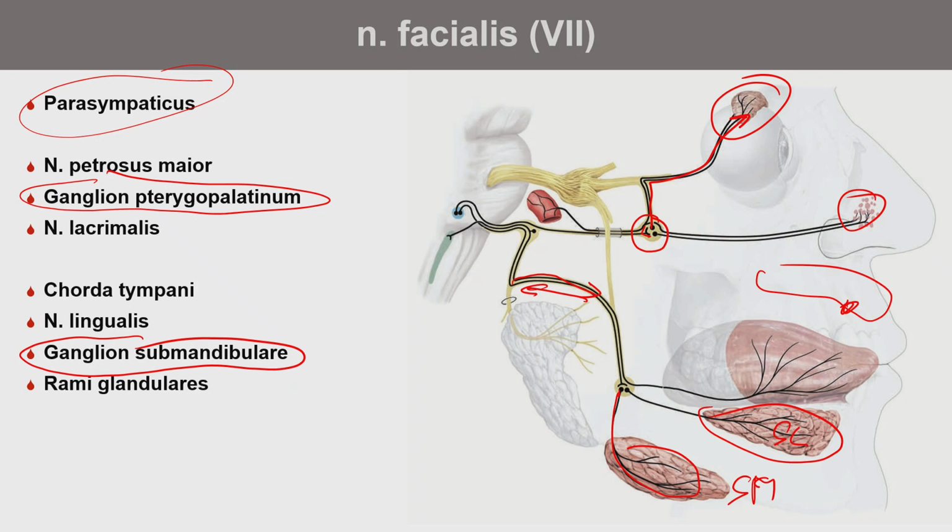And then the chorda tympani is joined with the mandibular nerve, but its branch, which is called lingual. And we know that the lingual nerve is one of the branches of the mandibular.